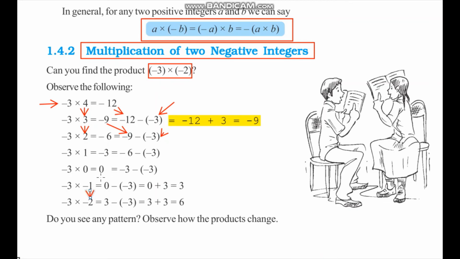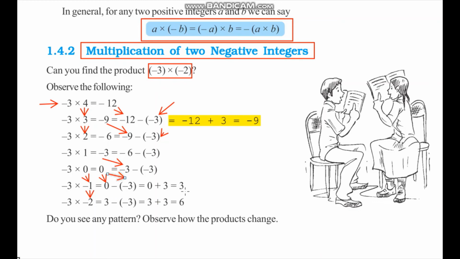The way we get 0 is we get the product from 1 minus 3 and take away another minus 3. So these two are going to cancel each other out and we get 0. Next, if we reduce this by 1 and get minus 1, we need to take this product here and then take away one more minus 3. This is the place where the results go from negative to 0 and then they become positive.